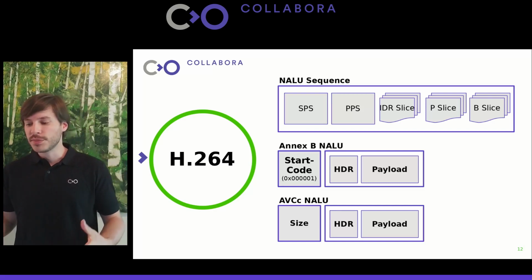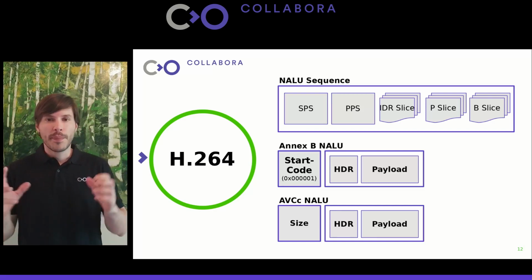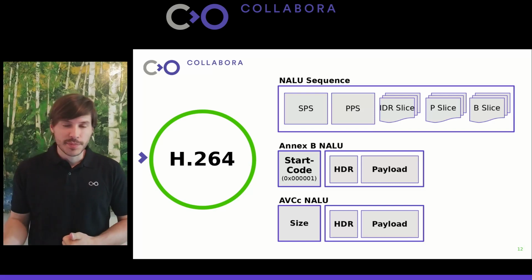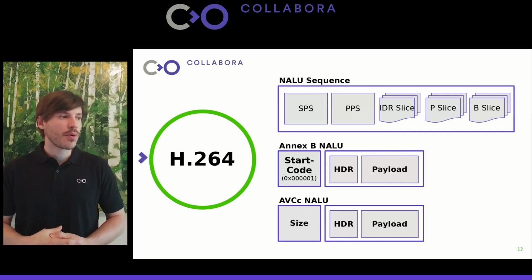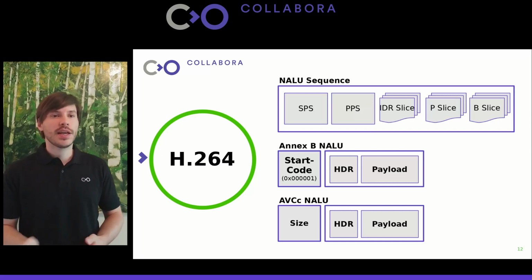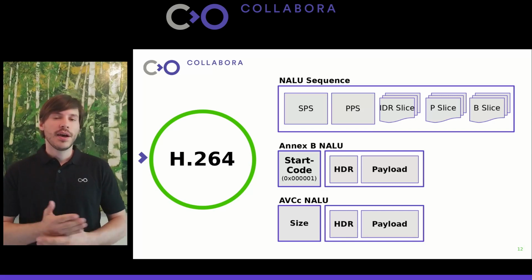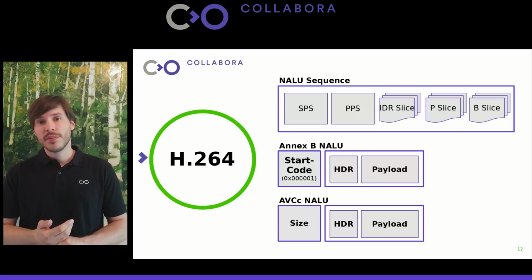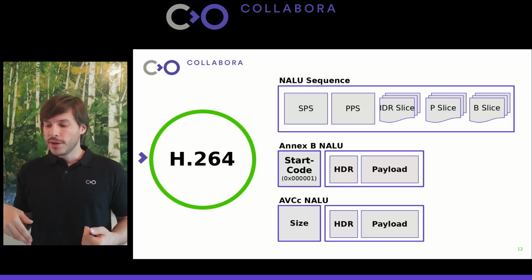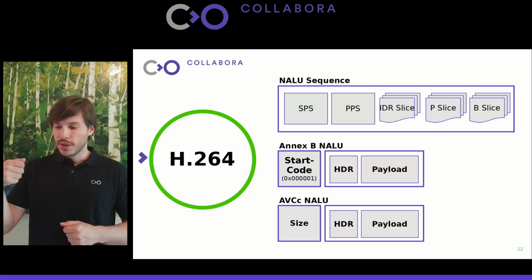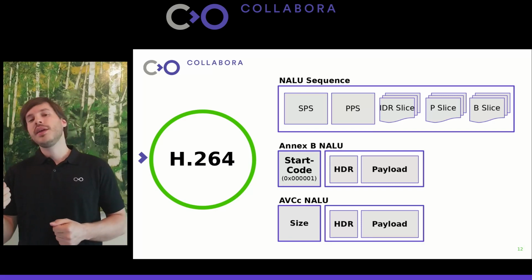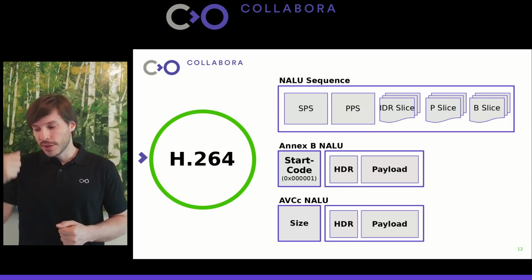Now, these NALUs come in two forms, in two packings. One is the Annex B NALU with a start code, which is nice for random access because you can locate the beginning of your NALU in the stream and start streaming. And there's another one, the AVCC header, which instead of encoding the start code, encodes the size of the NAL.